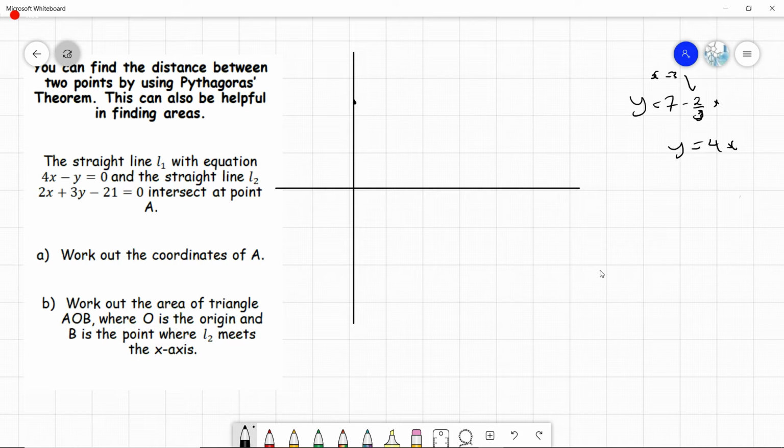So 5 would be about there. So let's say there.